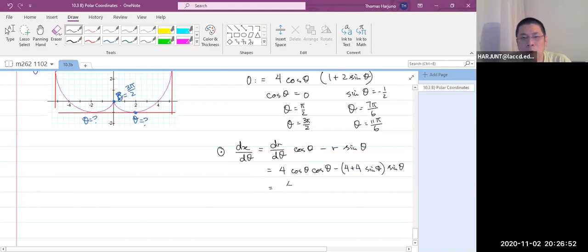We have negative 4 sine theta plus 4 times (cosine squared theta minus sine squared theta). That is plus 4 cosine 2 theta.